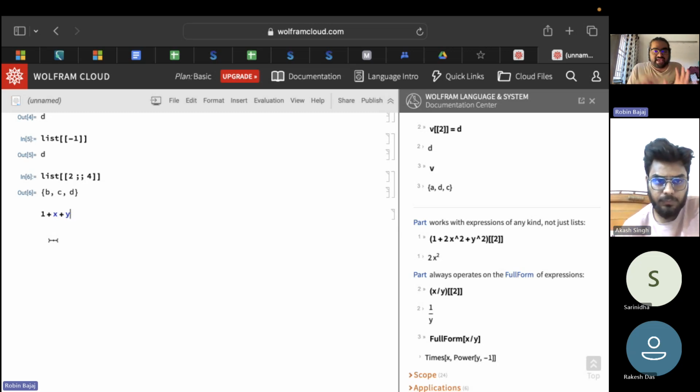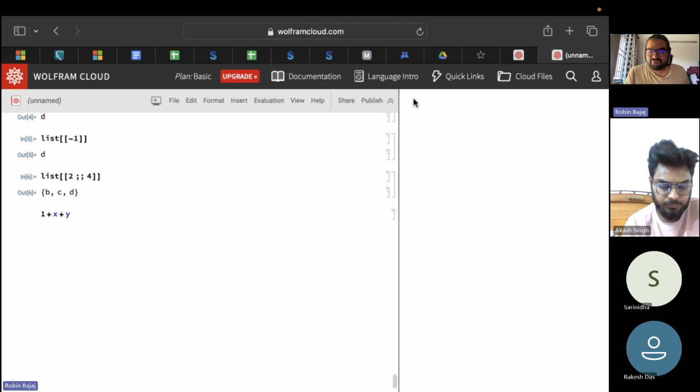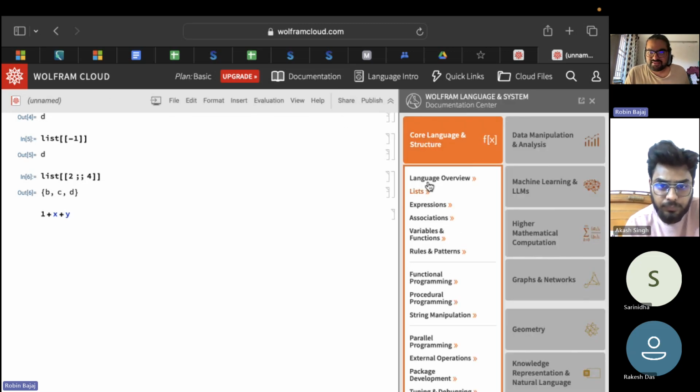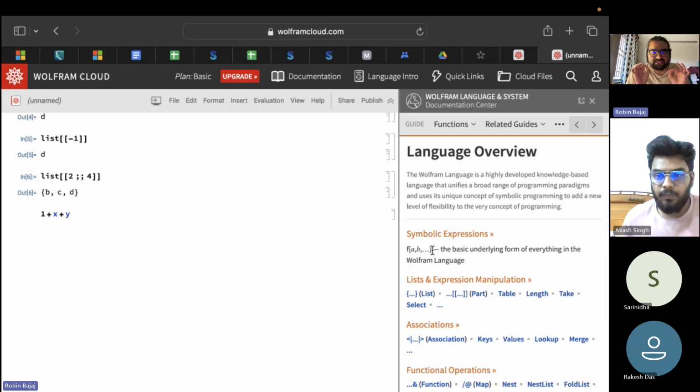So if you go to the documentation, let me show you something very interesting, which you might not have noticed. In Mathematica, the structure of everything is of this form: F of A comma B comma C and so on. So basically the structure of everything that is written in Mathematica has to be of the form function, square brackets, with a sort of list.